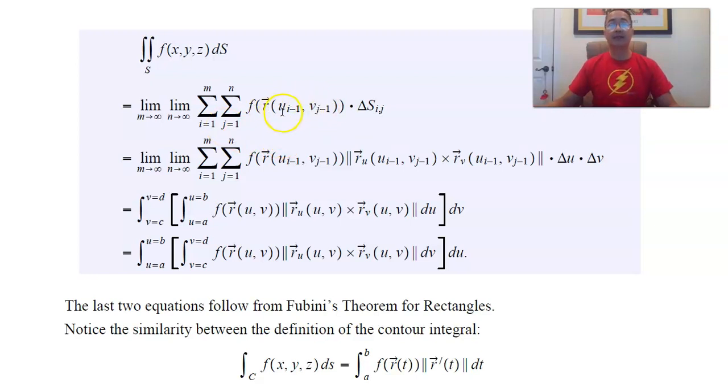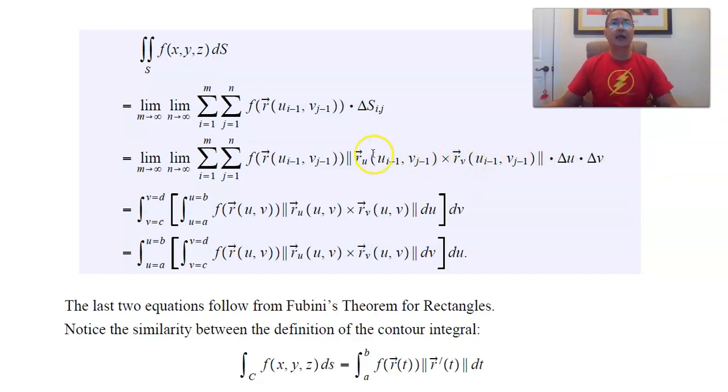You plug in the parametrization of our surface into our scalar function. This will produce a point in space, x, y, z, so we can plug that into our scalar function. Notice we're using the same representative point because the area of Sij is approximated using the same representative point.